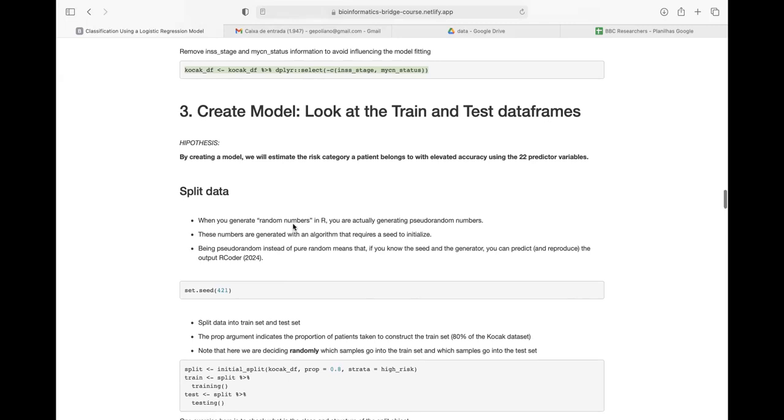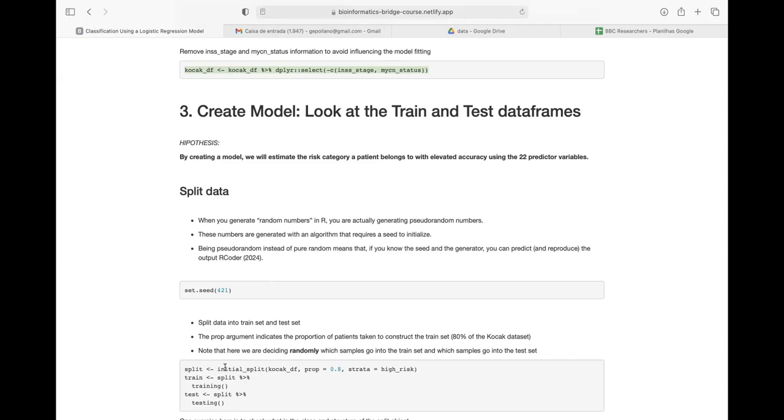So we are going to split the data. Sorry, I need to go one step back. In order to split the data, we need to choose which patients are going to go into the train set and the test set, right? And the way that we do that is we use this initial split function.